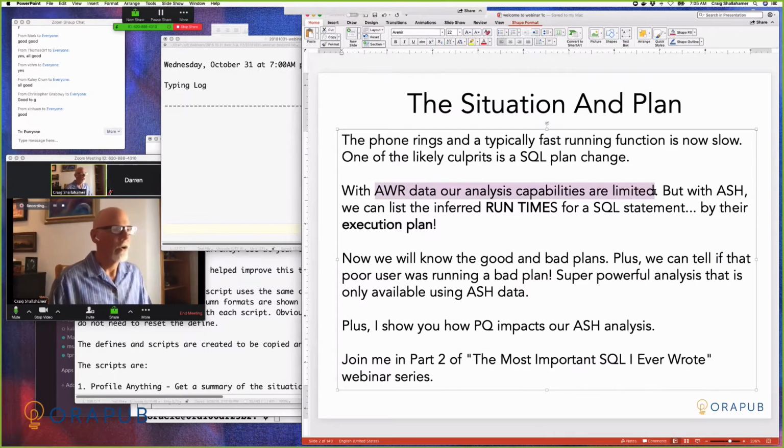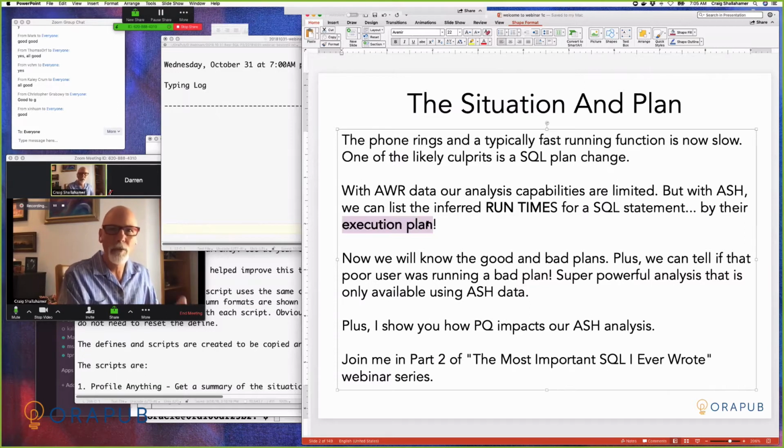So what we're going to do is talk about inferring runtimes. These are the two key things, the runtimes and the execution plan. So we'll be able to tell, execution A for the SQL statement typically runs around this runtime, and this execution plan runs this time. And so we can do some data analysis on both of those. And then we can look at, well, what was the user actually experiencing?